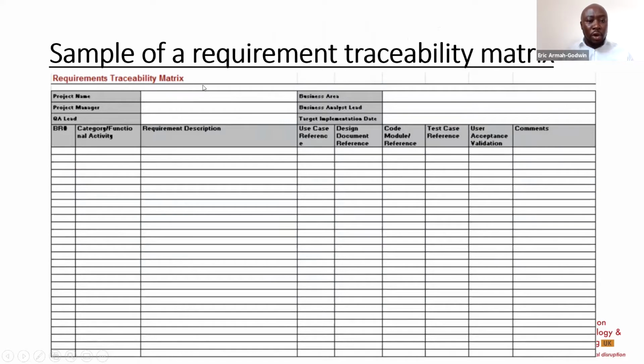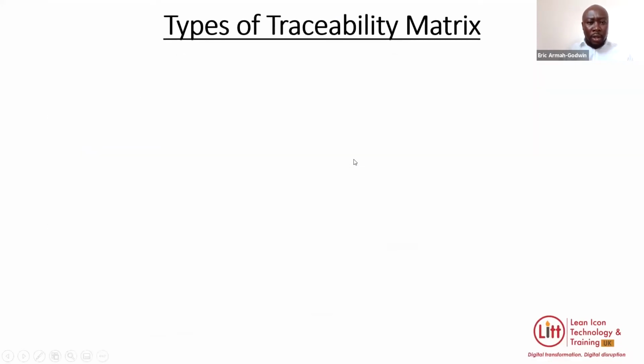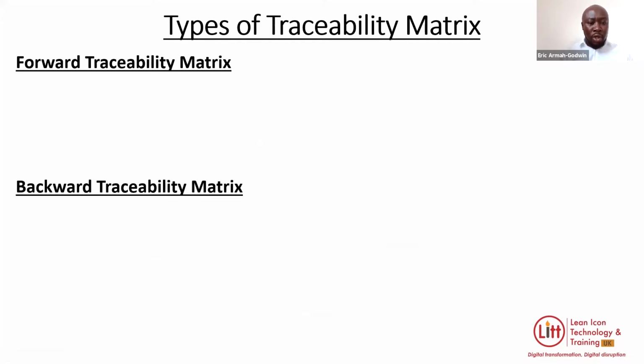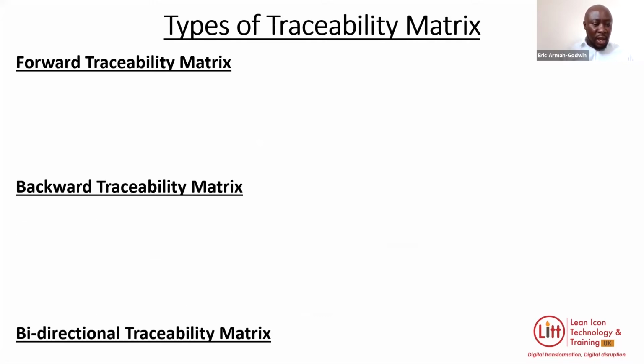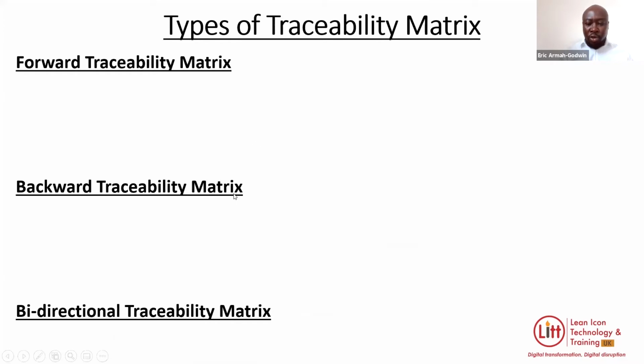Okay, you can see a column for business requirements, and then design documents. There are 3 types of traceability metrics: forward traceability, backward traceability, and bidirectional traceability.